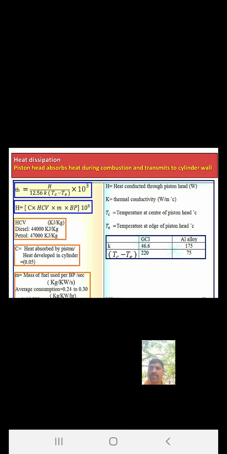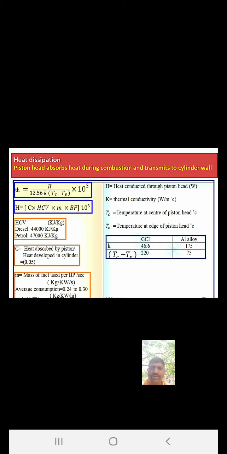How to calculate that? The rate of heat is denoted by Q. Q = k into pi r to tp into dt divided by dt.